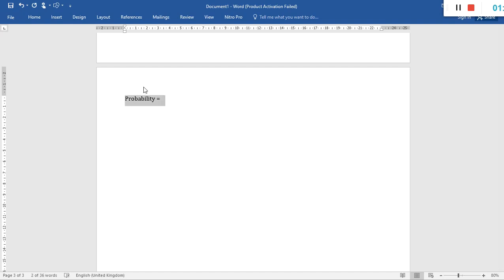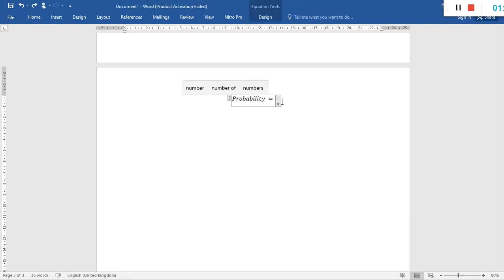I'm going to put this in an equation. In order not to use so much notation, let me just start with words.